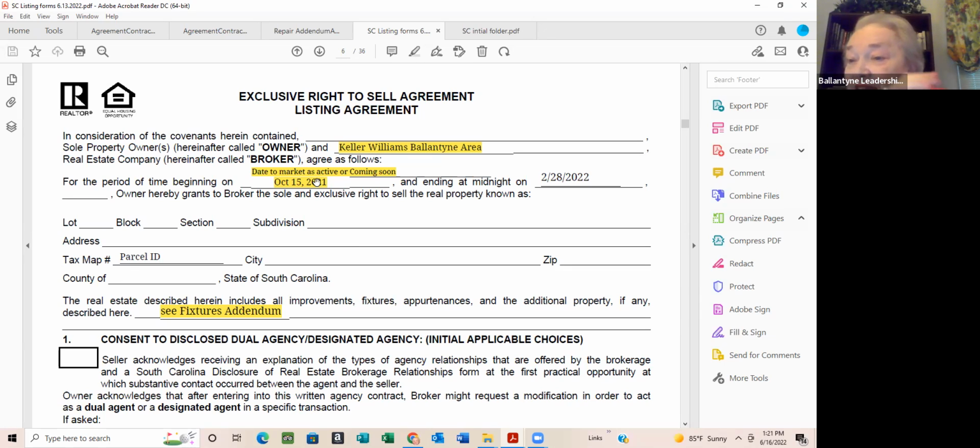Then in South Carolina, you need to put the date that you're going to do any type of exposure of that property. Back in, let's see, was it May of 2020? The National Association of Realtors put into effect a new policy right in the middle, yes, of COVID.